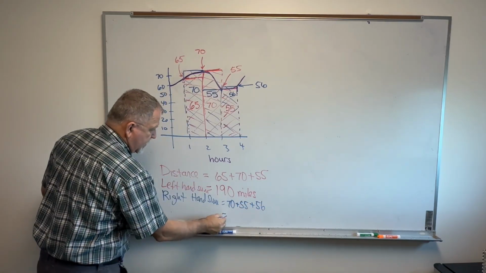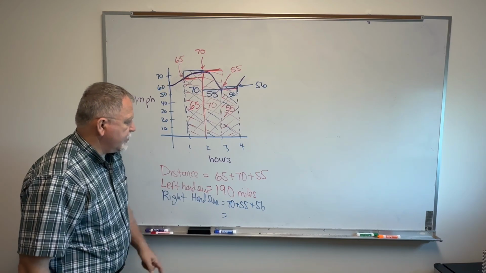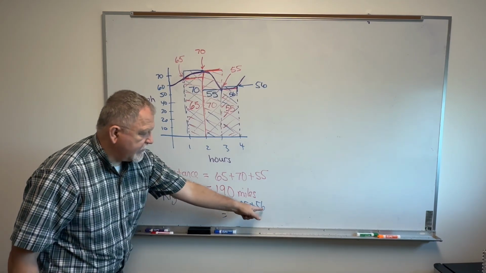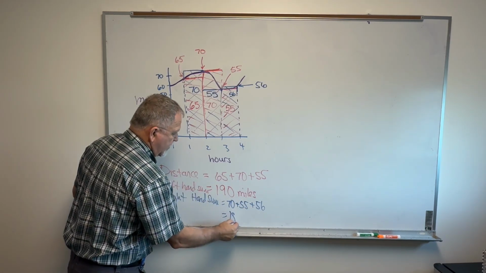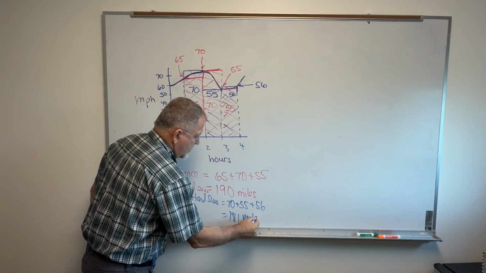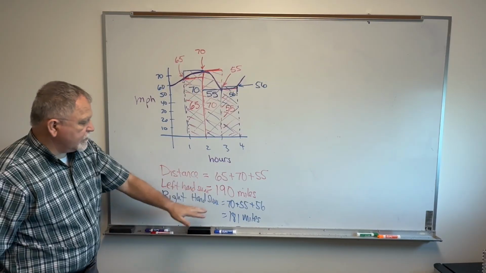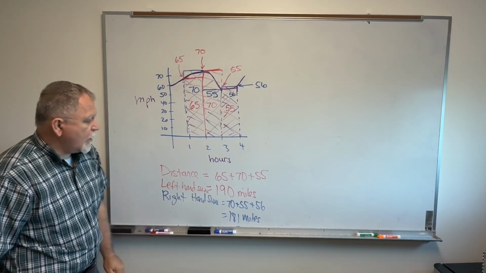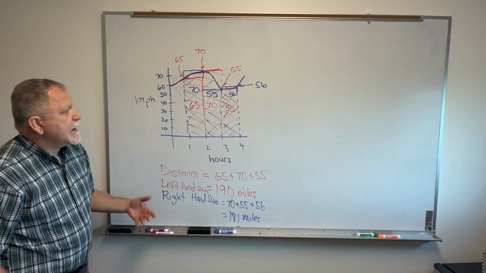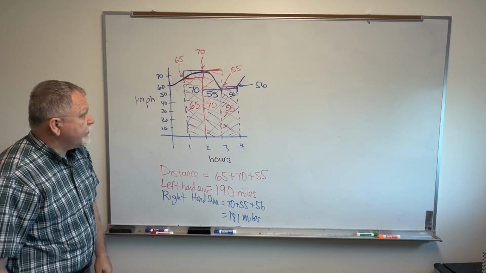So what's that going to come out to be? The 50 plus 50 would be 100, and I get 170 plus the 5 and the 6. That gives me 181 miles. So the left-hand sum estimate was 190 miles. The right-hand sum estimate was 181 miles. So I can reasonably estimate that I went somewhere between 181 and 190 miles on this trip.